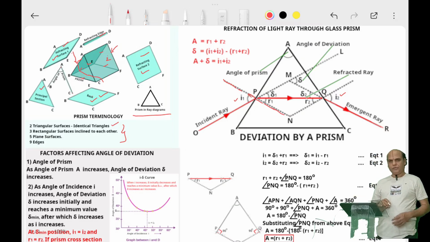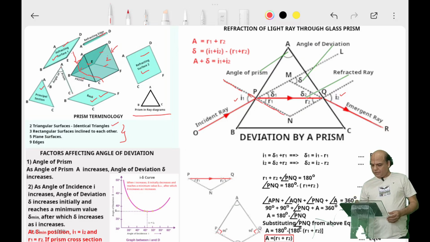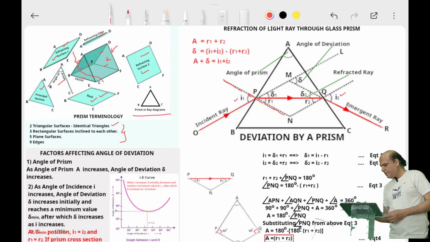Now we have seen the angle of prism at A, that is angle BAC. Suppose I extend the incident ray direction along PL and the emergent ray along QM.